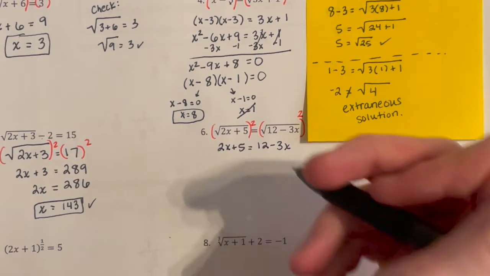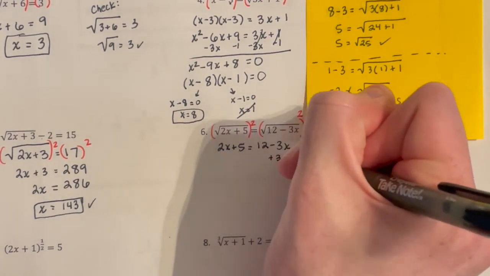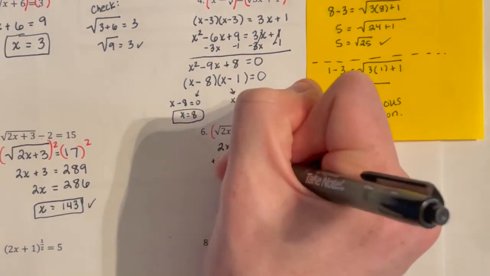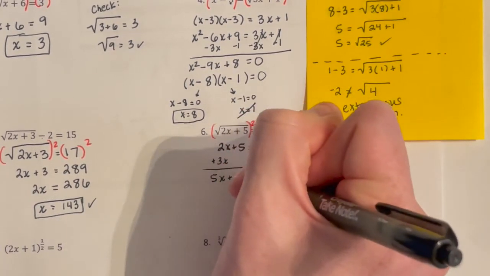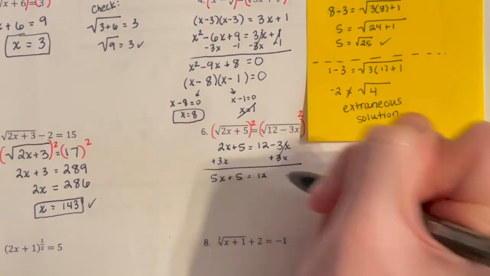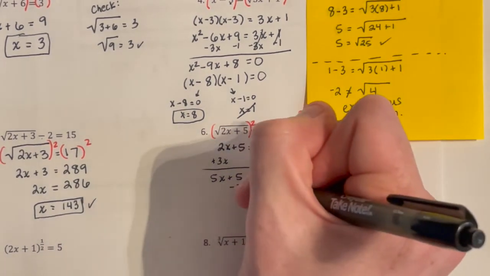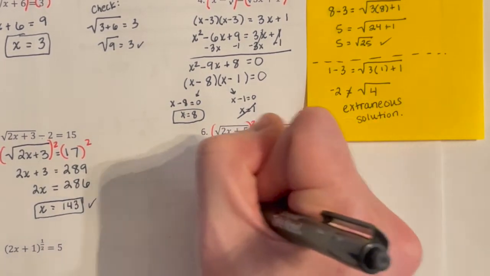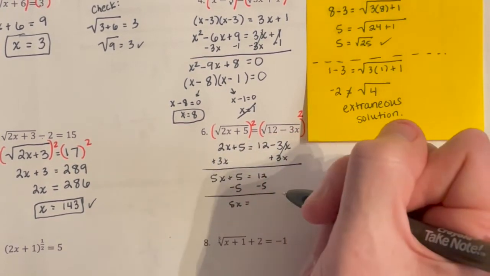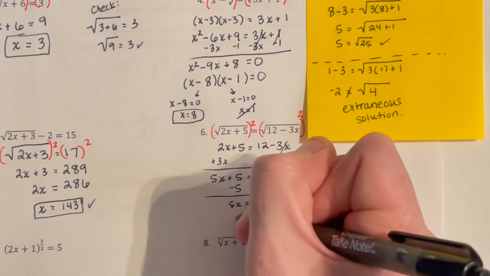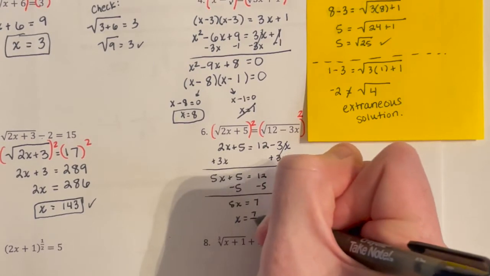I'm going to get the x's on the same side, so let's move that 3x to the other one. It gives me 5x plus 5 equals 12. I can subtract 5 from both sides. That would be 5x left. 12 minus 5 is 7. And then divide by 5, so 7/5.